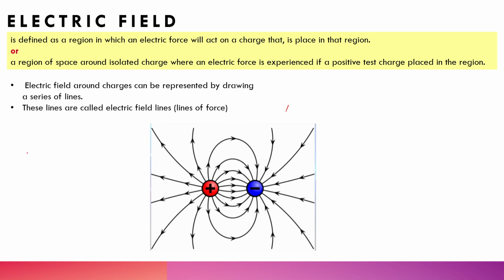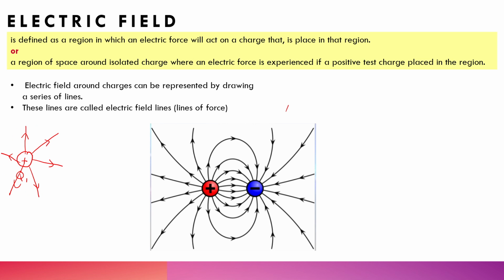Okay, let's say here we have a charge which is Q1, and this is the line of the electric field around the charge. So, look at the area around the charge. So, this is the region, or when we place another charge in this region, what happened?